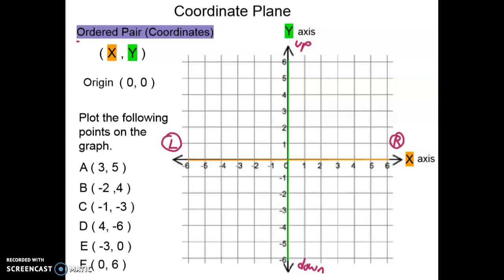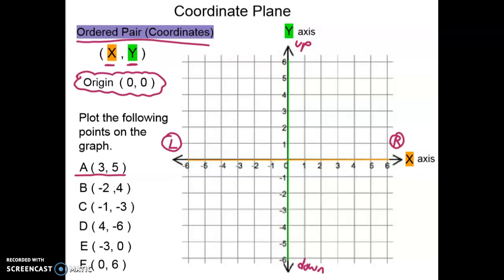An ordered pair, or a set of coordinates, is made up of an x value, a direction for the x, the left to right, and a y value, directions going up and down. We're always going to start from our center point, or like the bullseye of our graph, this origin, which is the 0, 0. So when we start out and we're going to plot a point, let's say we're going to plot the point A at 3, 5.